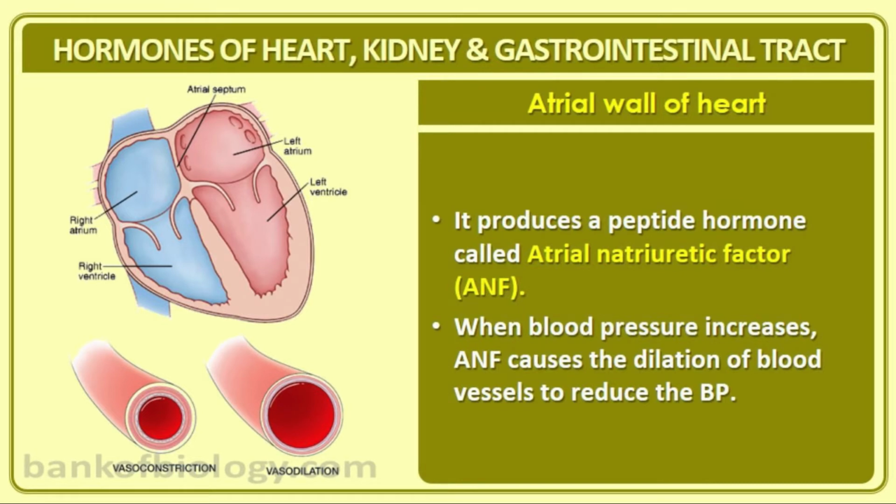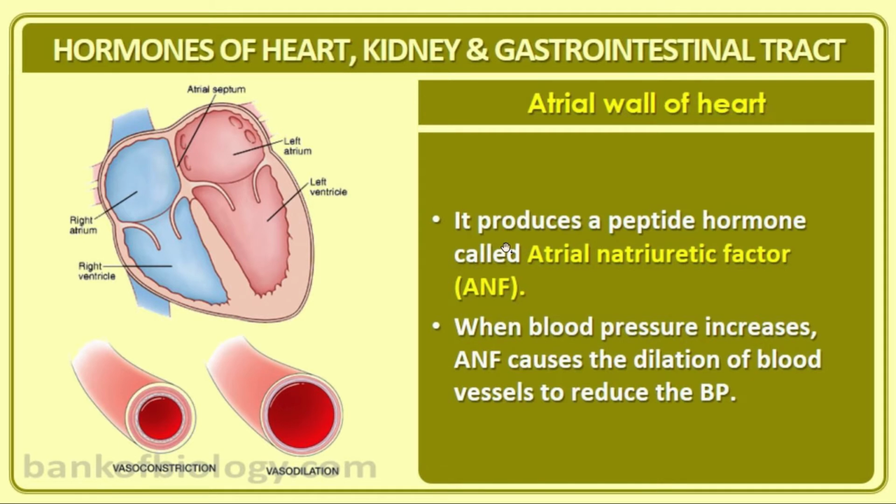Listen carefully, students. Other than endocrine glands, in our body, some hormones are secreted by organs such as the heart, kidney, even the gastrointestinal tract. Very, very important. What hormones are secreted by the heart, kidney, gastrointestinal tract? Come on, listen. Atrial wall means atrium, heart.